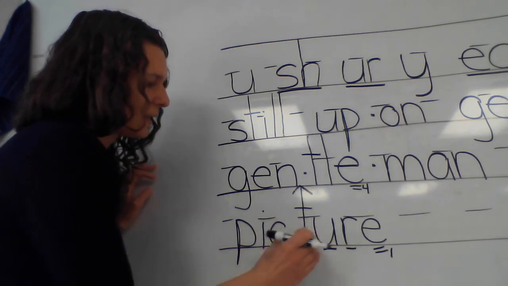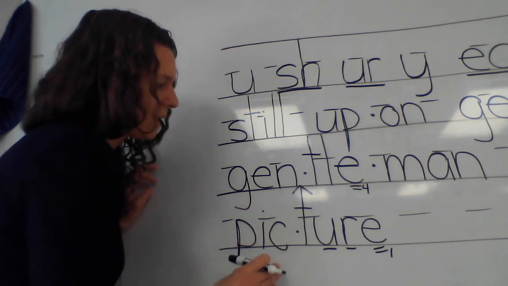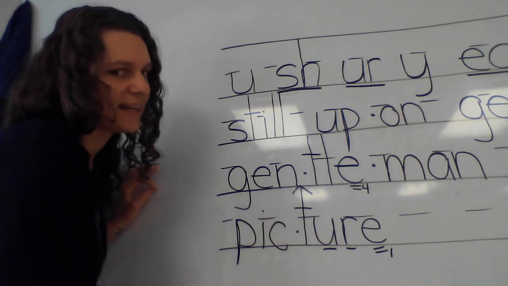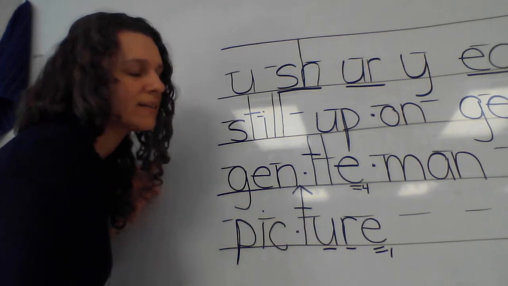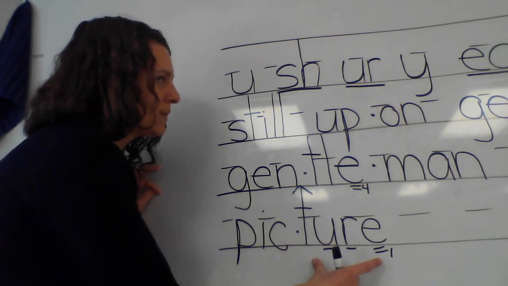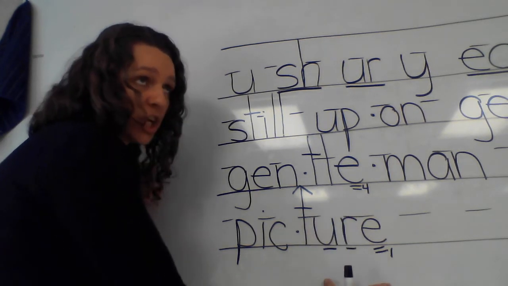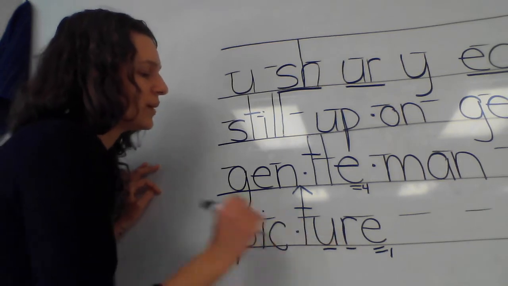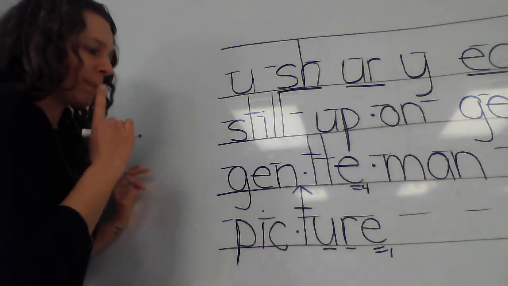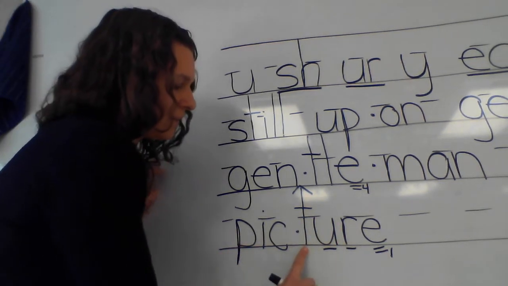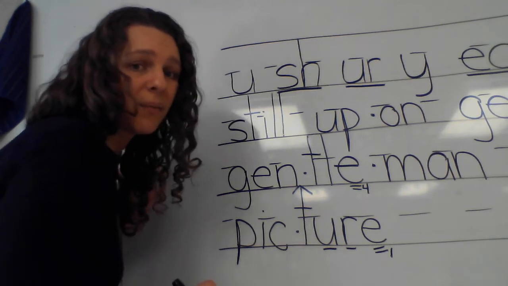All right, so picture. Class, listen, picture is how we say it, and we say it to spell it. You know what I hear that's different in that last syllable? I hear an uh.